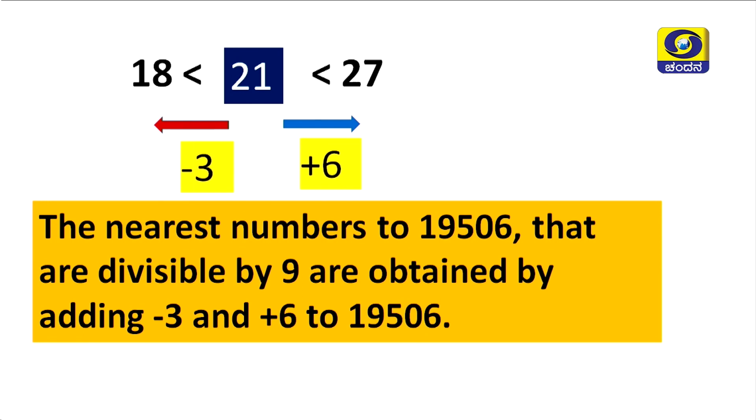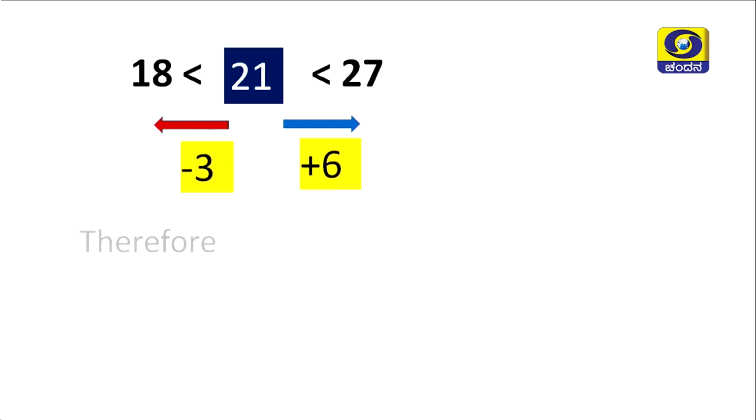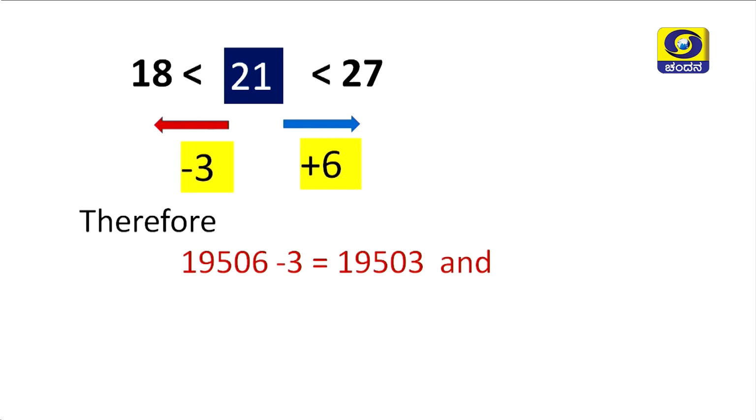Therefore, the nearest numbers to the given number that are divisible by 9 are obtained by adding minus 3 and plus 6 to 19,506. Therefore, 19,506 minus 3 is equal to 19,503, and 19,506 plus 6 is equal to 19,512.